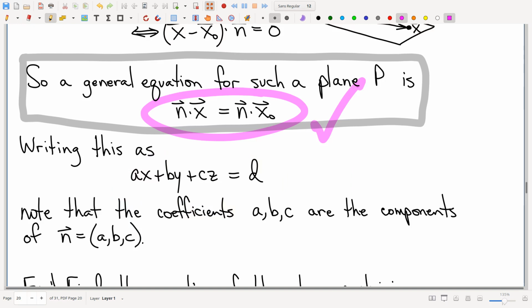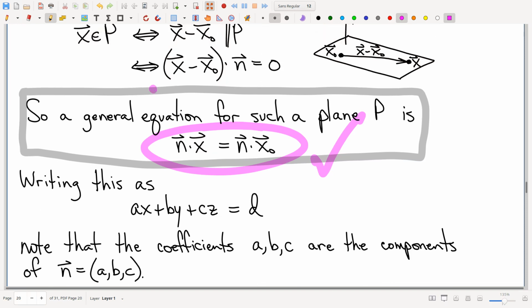I can see the role that x naught plays in this equation. I can't see it in this equation. I can see that there's a dot product involved. It's easier to connect back geometrically to the point. Right? Geometrically the point being that this difference and that normal vector need to be orthogonal. This is really a better formula from an ideas standpoint. Right? Nevertheless, both true. So make sure to know both.